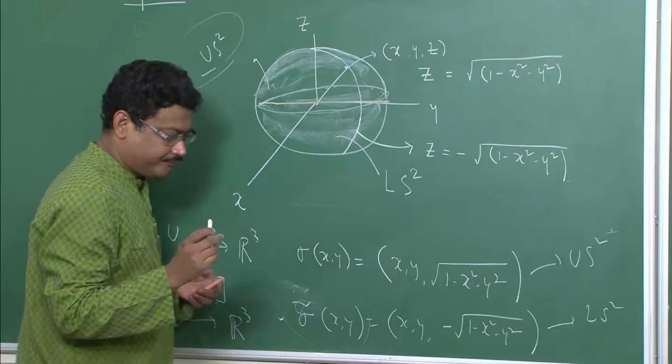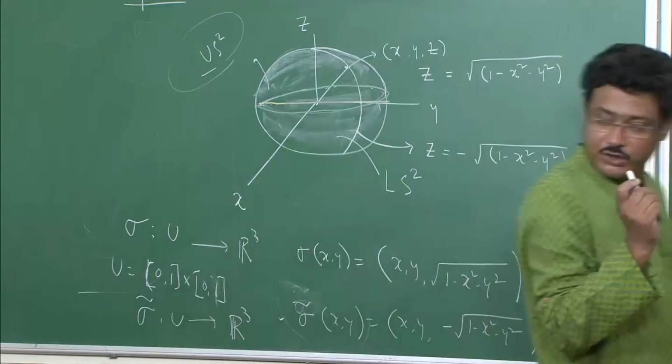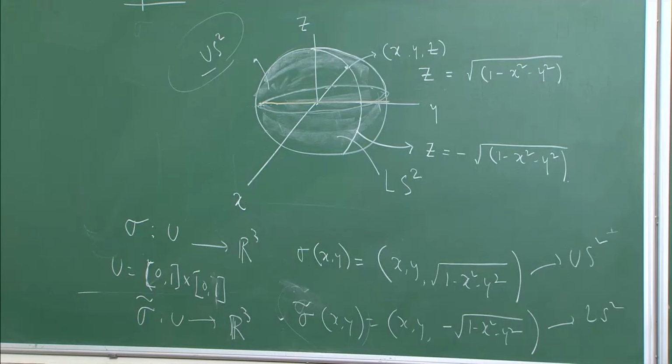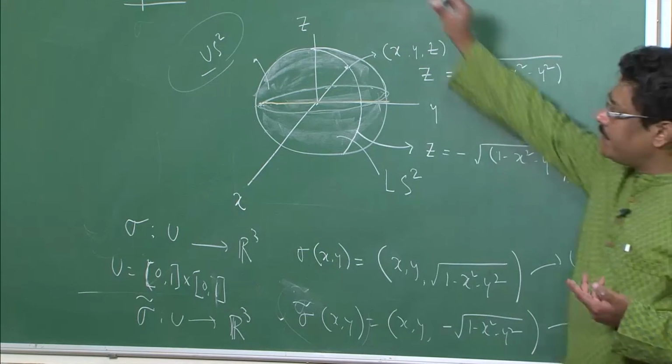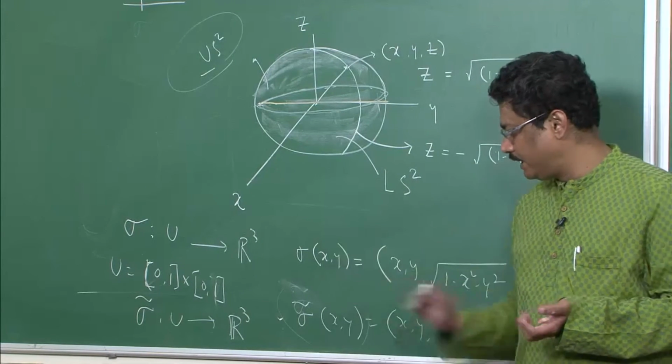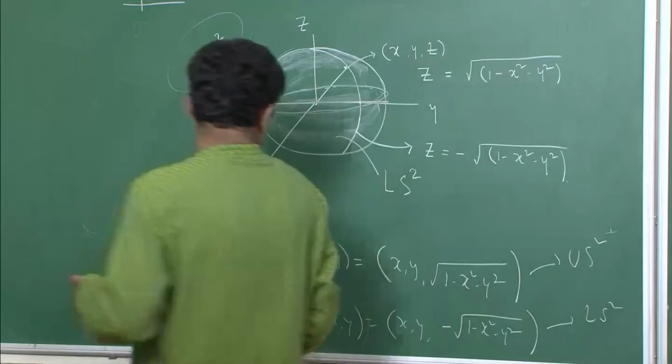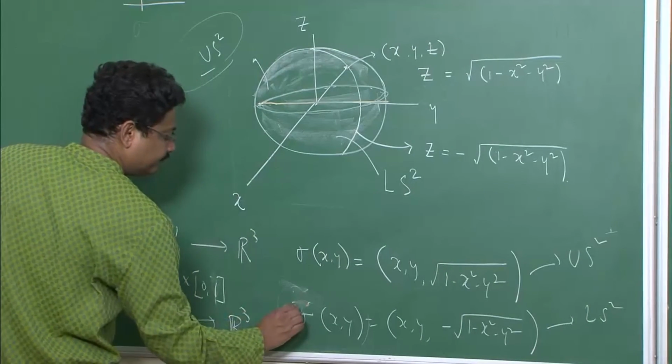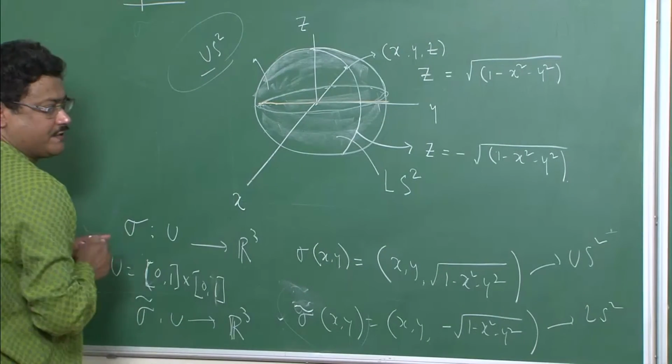This will prove to be a very crucial point in our discussion ahead, that I covered this S2 by two homeomorphisms, sigma and sigma tilde, and they have intersections.